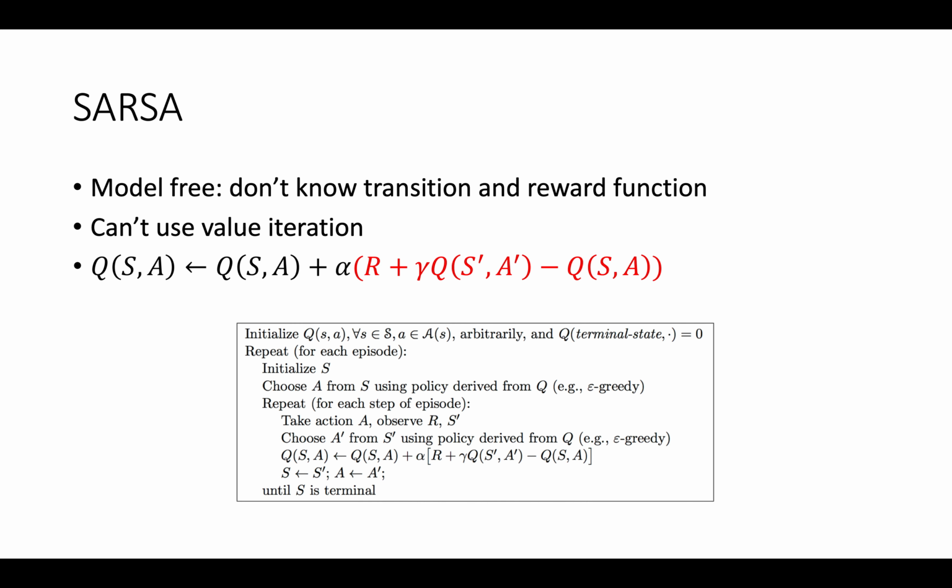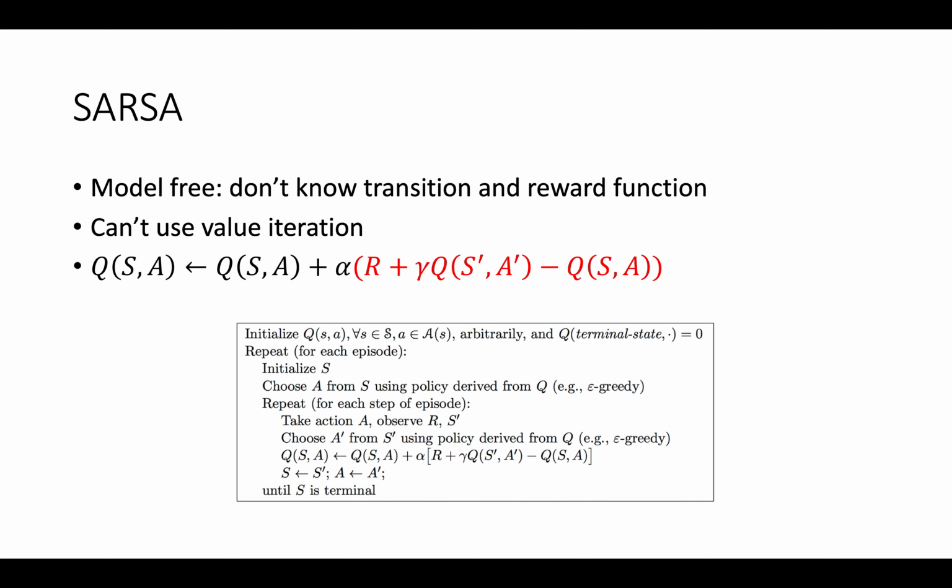So it's the reward plus discount factor times the action value function that we get at the next time step minus what we predicted this action value function to be. And this makes sense because the reward plus gamma times the action value function is going to be a better estimation than what we previously had, because we actually see a reward R.